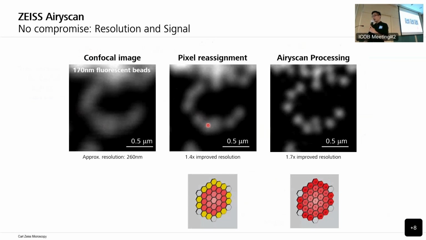But we need to reassign the pixels because each detector is placed at a different location, right? So we need to reassign the pixels, put them together and reconstruct a higher resolution image.